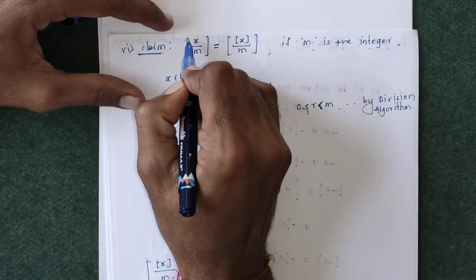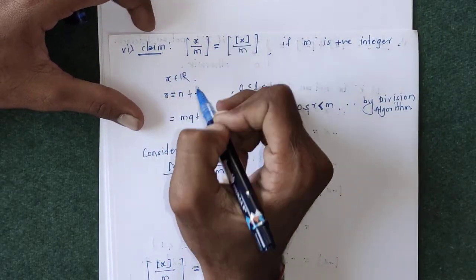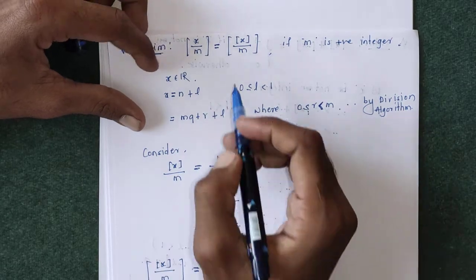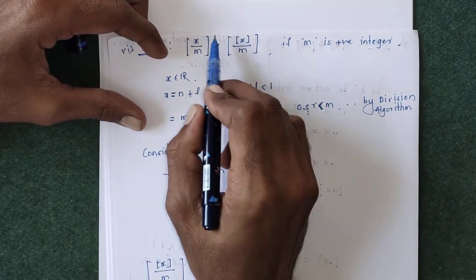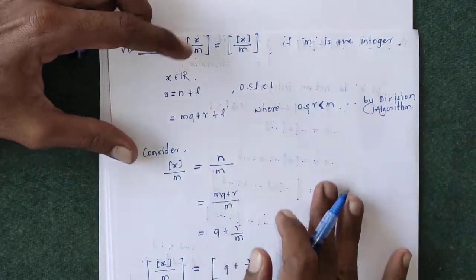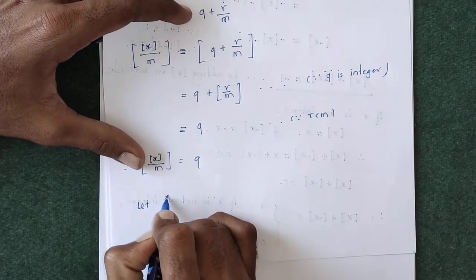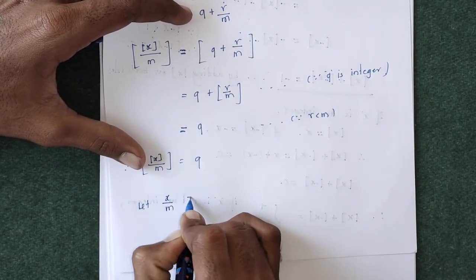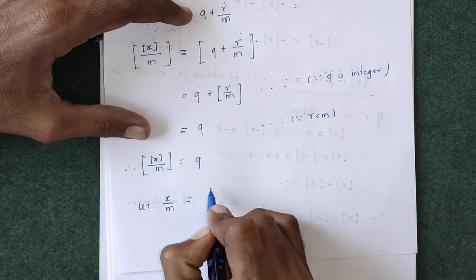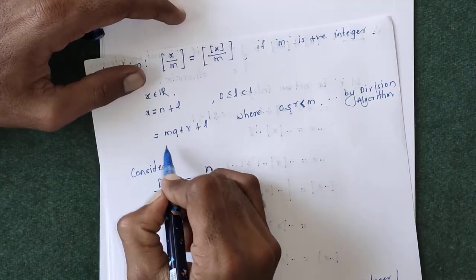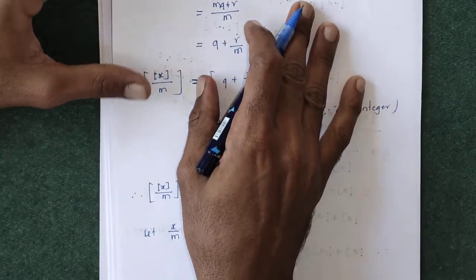Now if we prove the integral part of x by m is equal to q, then from both equations we can say that the integral part of x by m is equal to the integral part of x by m. Now consider x by m, that is the left hand side. We have x is equal to mq plus r plus l.